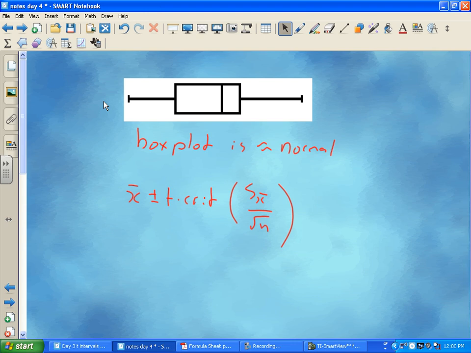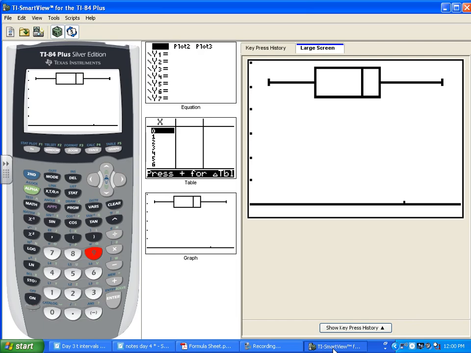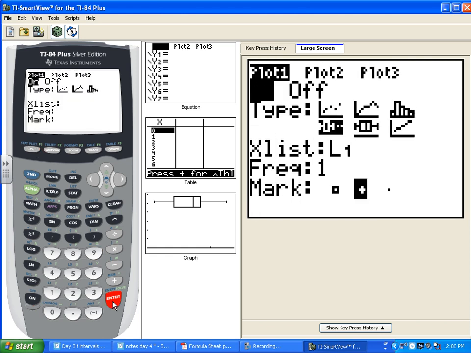I want to show you another thing that can be used to apply normality. It's really the only time we're going to use it. It's called a normal probability plot.